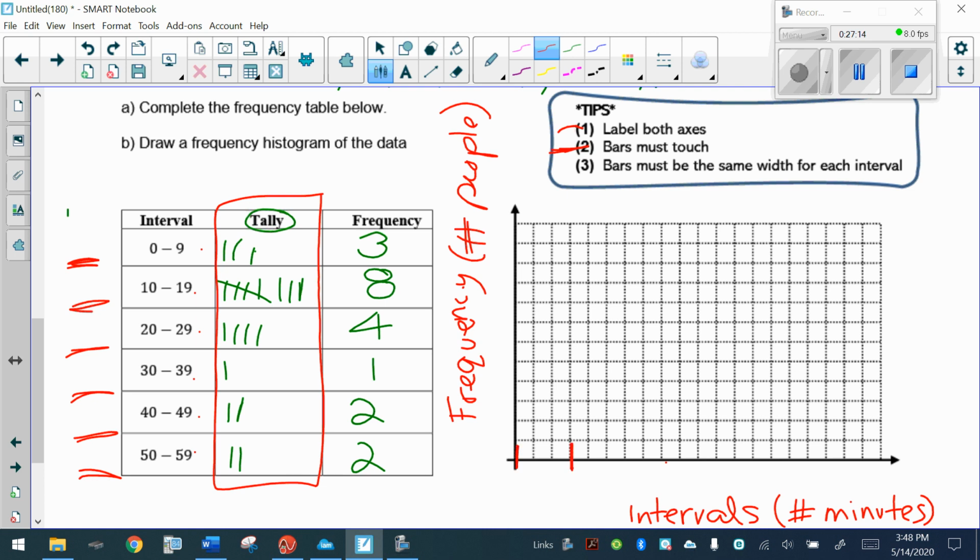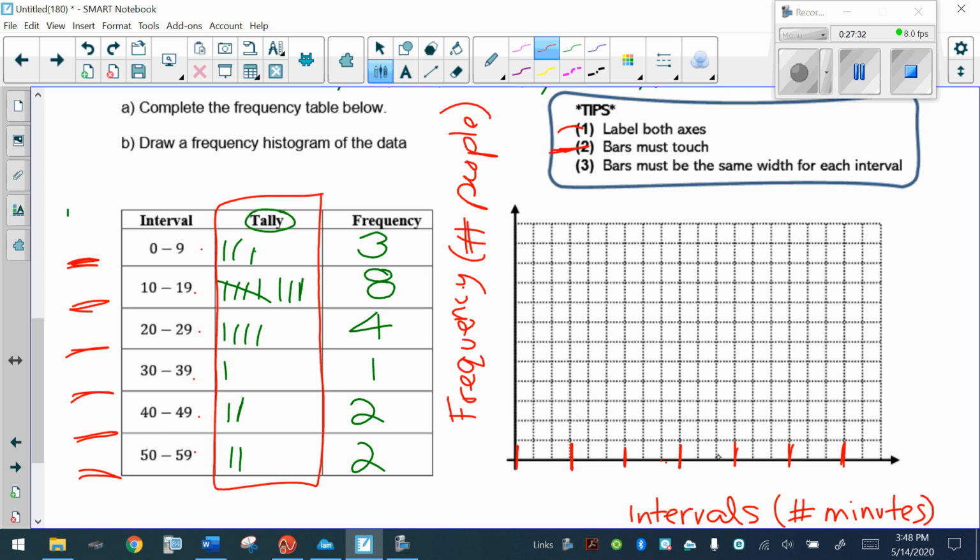So this is going to be my first bar. And first I'm going to sketch it out and make sure it fits. So I'm going every 3 to see if I can fit my 6 bars. 1, 2, 3, 4, 5, 6. I think I'm good.